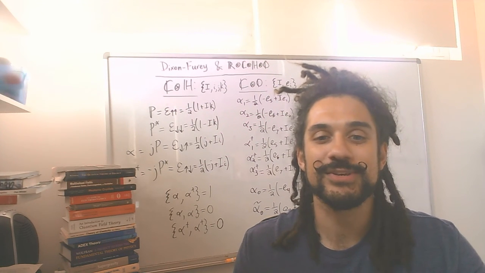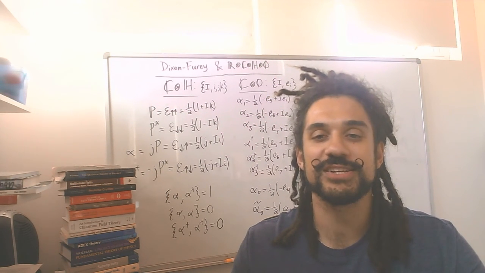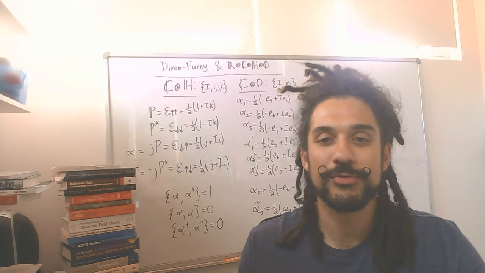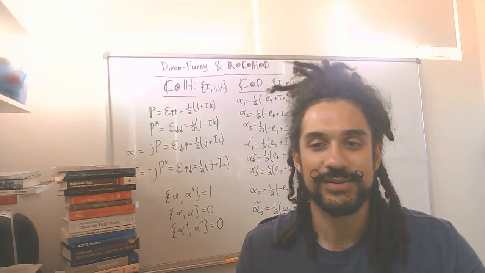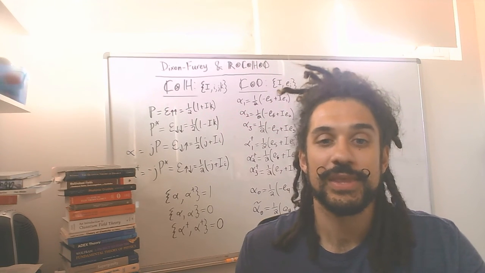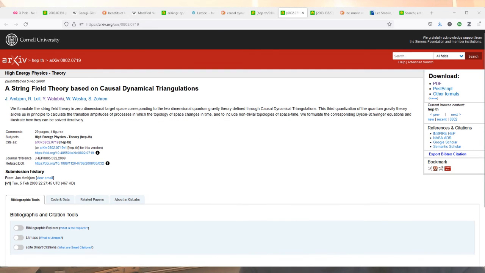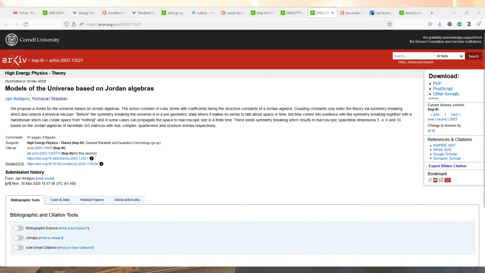Researchers at Quantum Gravity Research have been exploring discrete formulations of physics that lead to emergent spacetime, including methods from loop quantum gravity, causal dynamical triangulation, and causal set theory. The gap between string theory, loop quantum gravity, and causal dynamical triangulations might not be too large, as Lee Smolin has studied an octonionic matrix model, and recent work from the CDT founders sought to connect their formulation to string field theory.